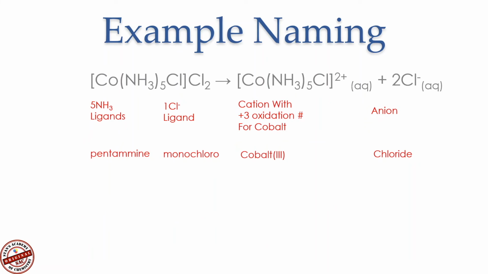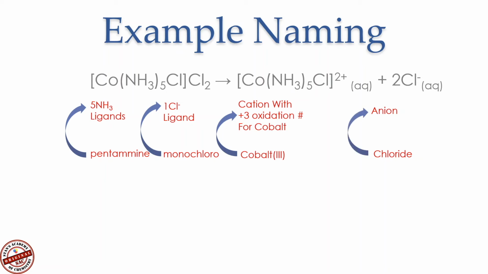If there are 5 ammonia ligands, it becomes pentaammine. Penta is 5, so pentaammine indicates 5 ammonia ligands. There is 1 chloride ion that becomes monochloro. The ending is chloro, as we had seen earlier. Cobalt has an oxidation number of +3, so in Roman numerals we include the oxidation number 3.